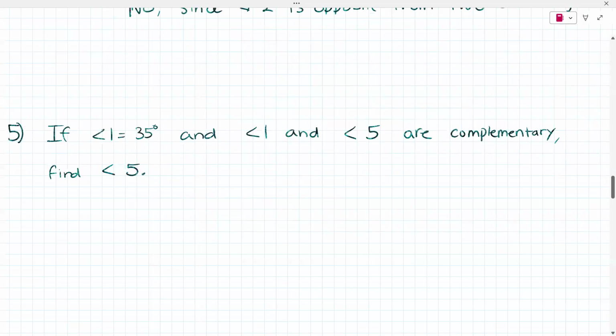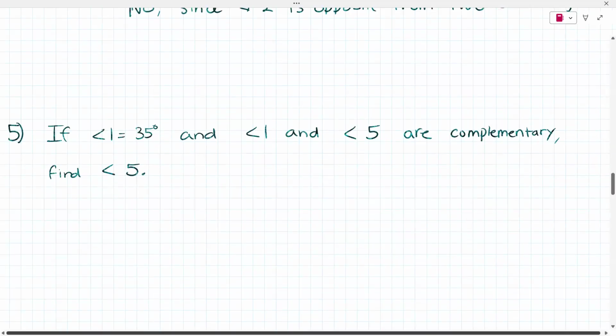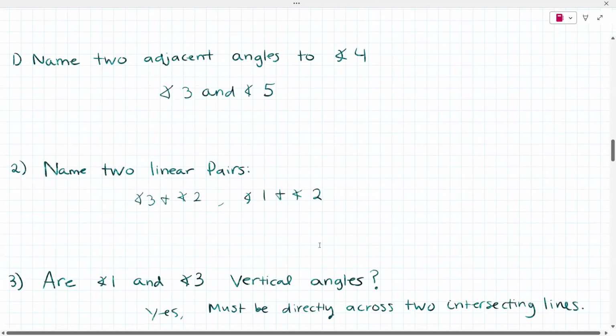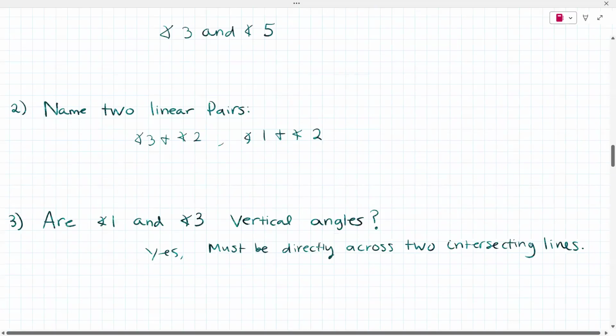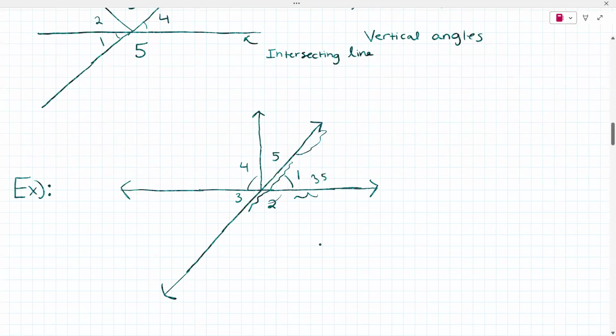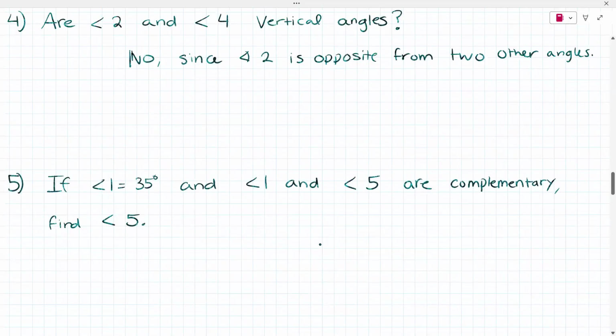Number 5, if angle 1 is 35 and angles 1 and 5 are complementary, find angle 5. I don't even have to look at the image, though you could. Angle 1 is 35 degrees, and angles 1 and 5 are complementary, meaning they add up to 90 degrees. So what should angle 5 be? It's just going to be 90 minus 35.